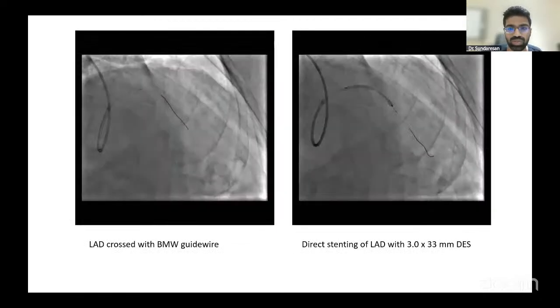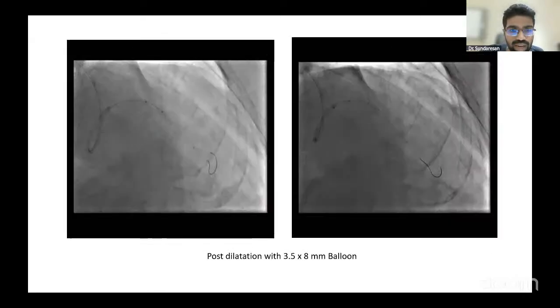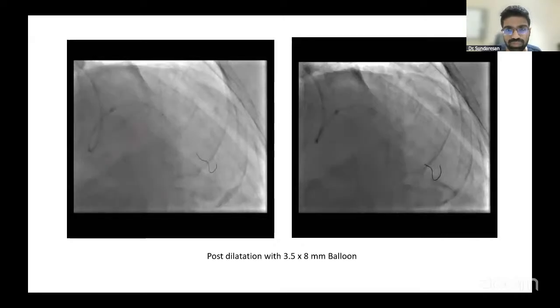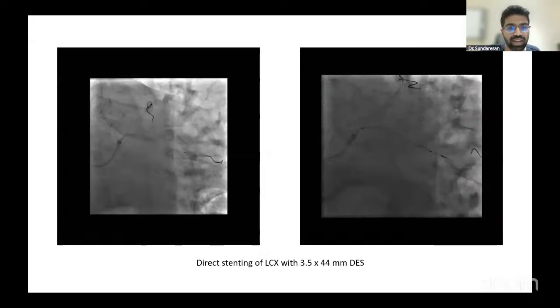So LAD was crossed with the wire, and direct stenting of LAD was done with a 3/33 drug-eluting stent, as you can see here. And next, we post-dilated the LAD stent with a 3.5/8 mm balloon. And after that, we decided stenting of the LCX with a 3.5/44 mm drug-eluting stent.